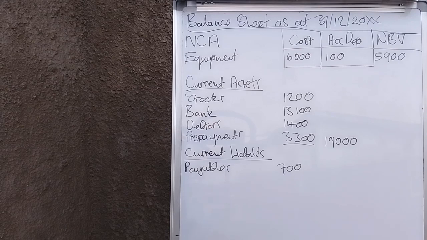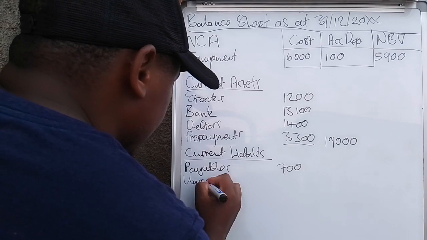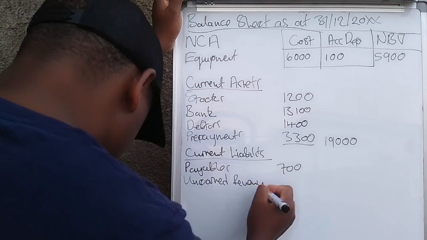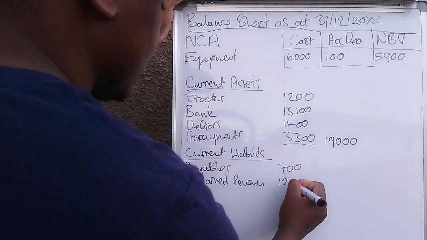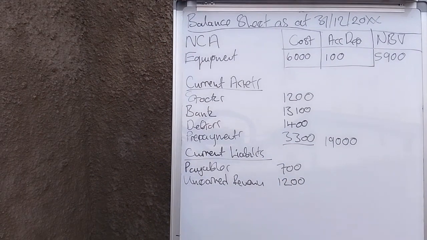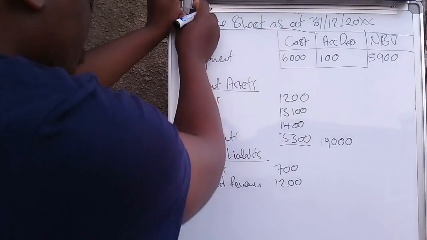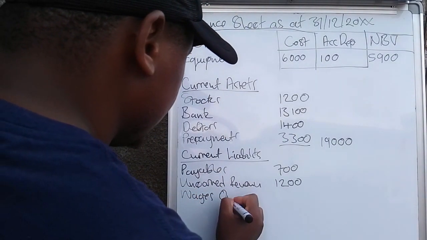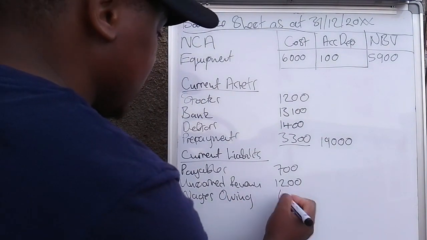We also have unearned revenue, which is 1,200. We also have wages payable, wages owing. Our wages owing at 600.